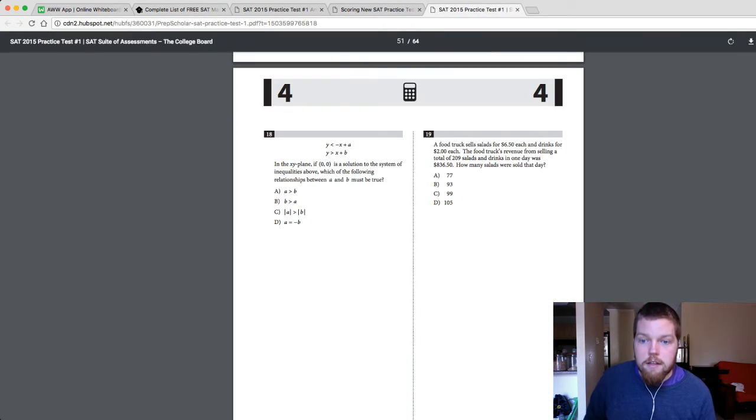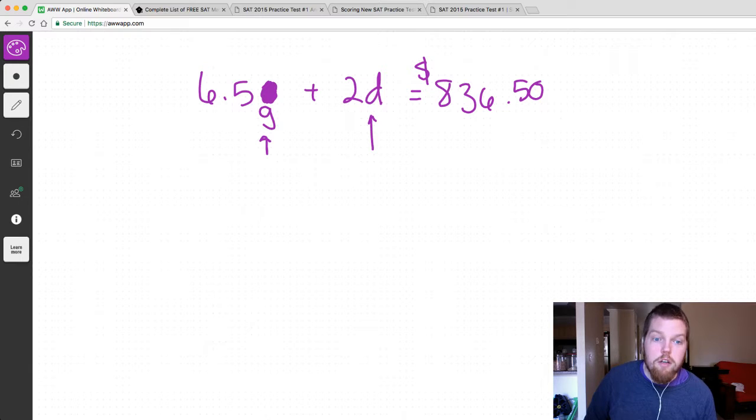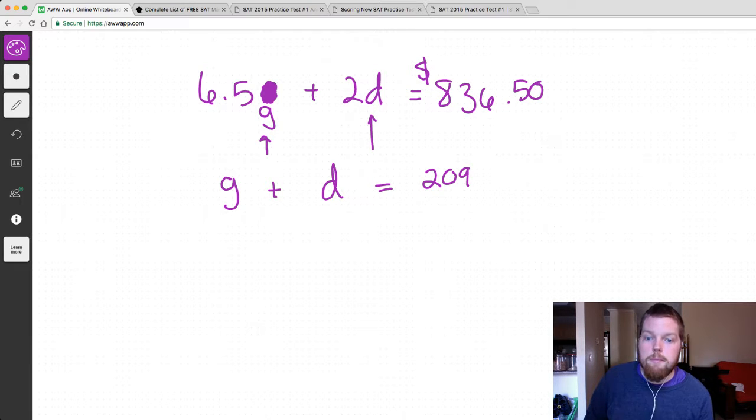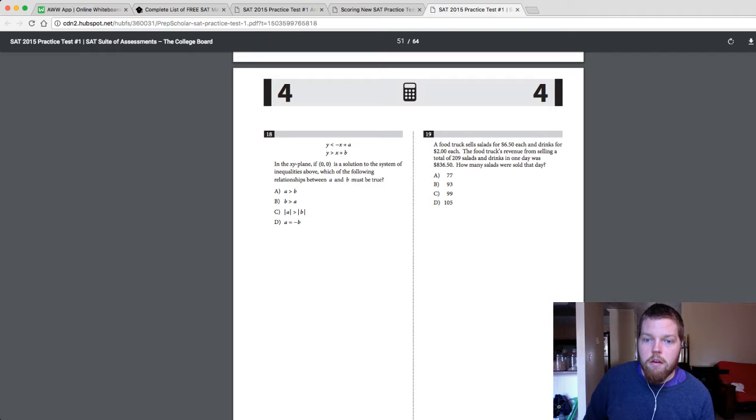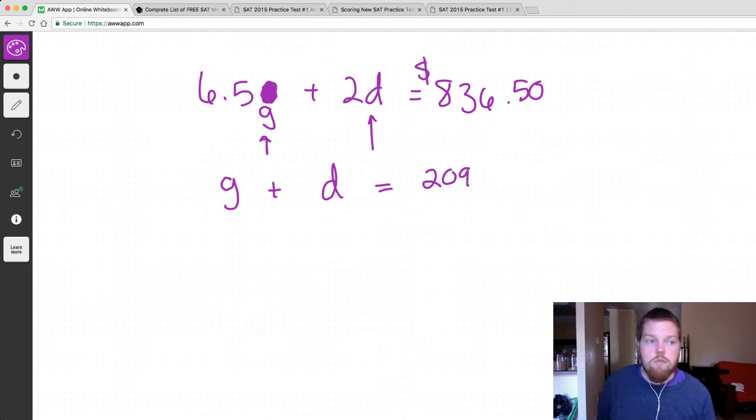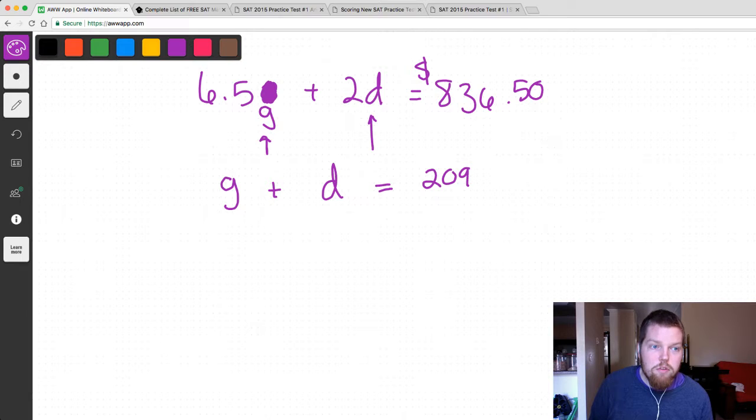And it says that 209 salads and drinks were sold in the day. So the second equation is the number of salads plus the number of drinks equals, you guessed it, 209. So now we have two equations with two variables, and we can solve one of them, and then we'll do a substitution.